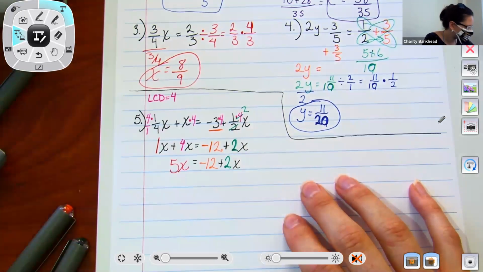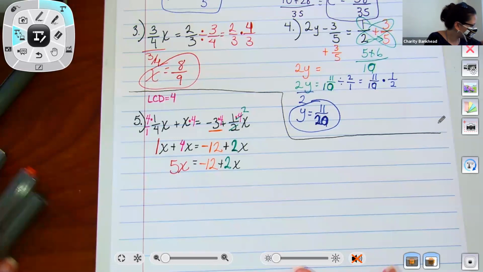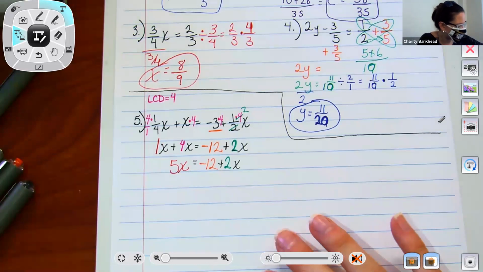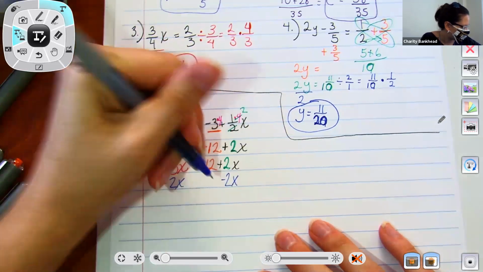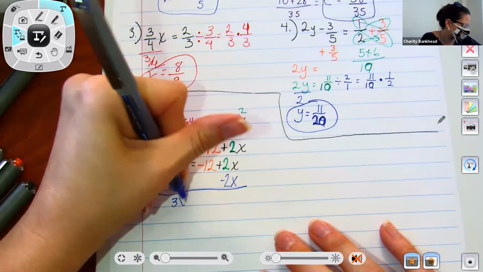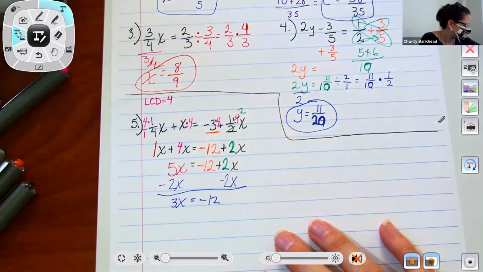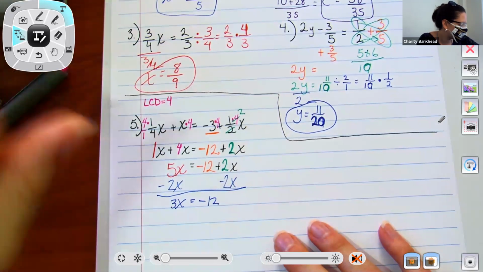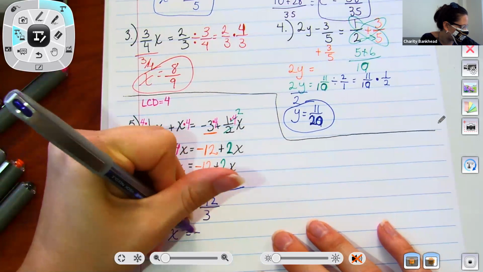I have x's on both sides, and I want to get x only on one side. So I'll go ahead and subtract 2x from both sides. So that gives me 3x equals -12, and then I can just divide both sides by 3, and get x equals -4.